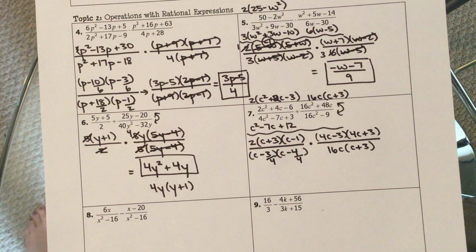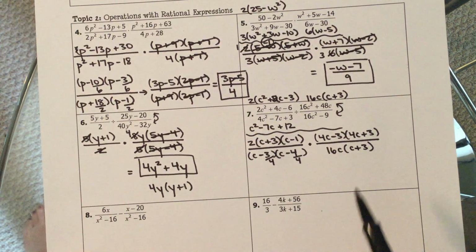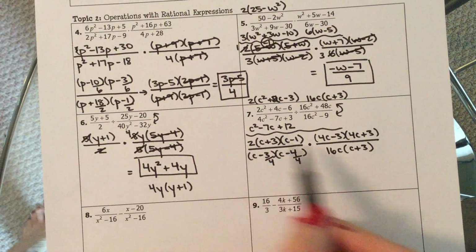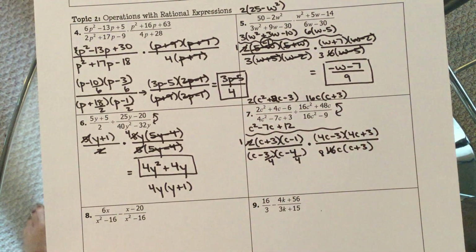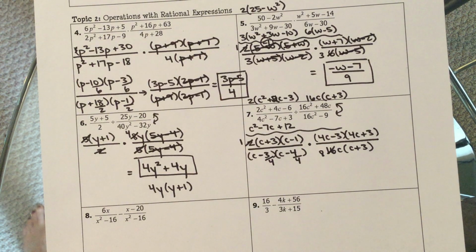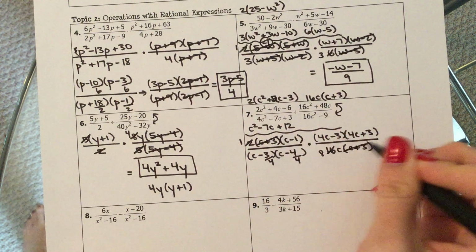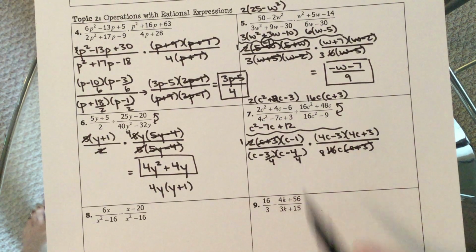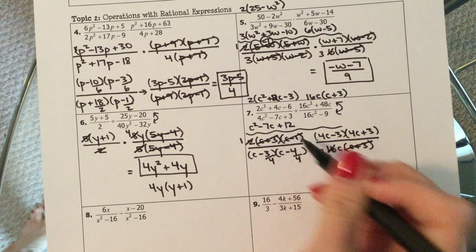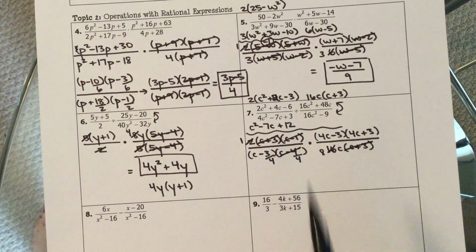Okay, so let's see what we got here. The monomials first, so 2 over 16 reduces down to 1 over 8. And then for my binomials, I have c plus 3 over c plus 3. Careful here, I think we should be good enough at slide divide. We recognize this is a c minus 1, and this is also a c minus 1.